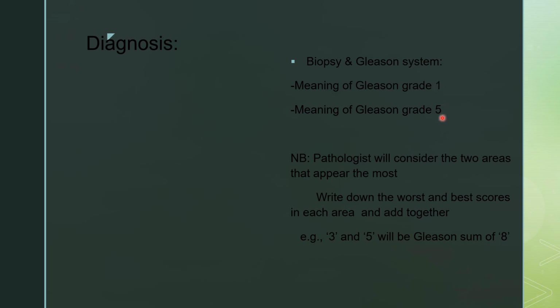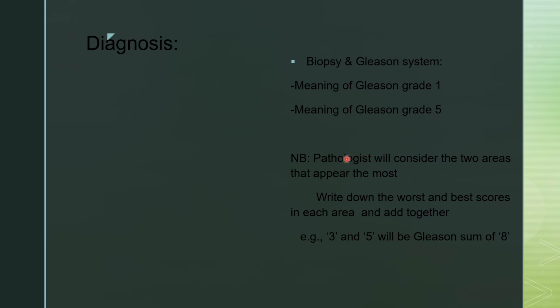But when it is grade 5, that is pretty bad, meaning that the cancerous tissue is looking grossly abnormal. The cells are abnormal. The growth pattern when compared to the normal prostate tissue is grossly abnormal.